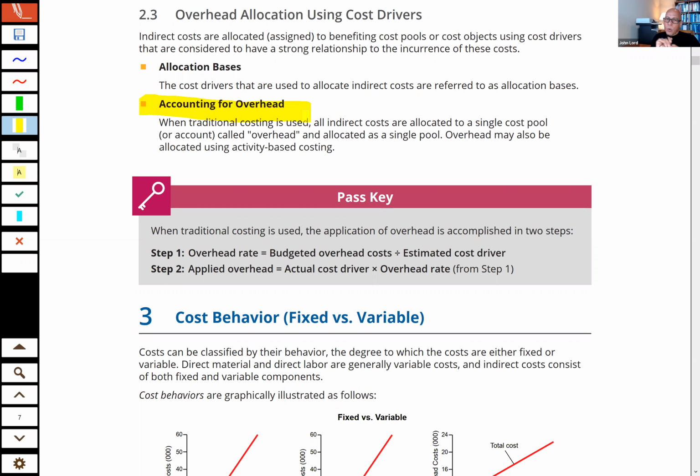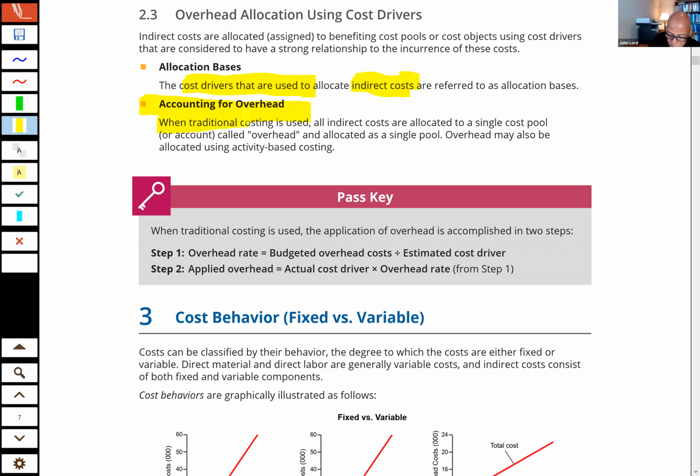To me, it's more we're applying the cost as they use whatever the application base is, but they often call it the allocation base, and it's basically cost drivers that are used to apply the indirect cost, and they call them allocation bases. They can also be called, and I think more correctly, application bases.